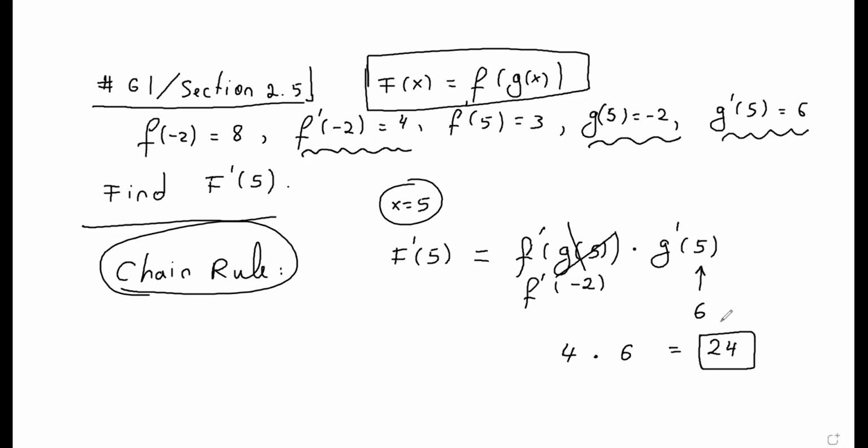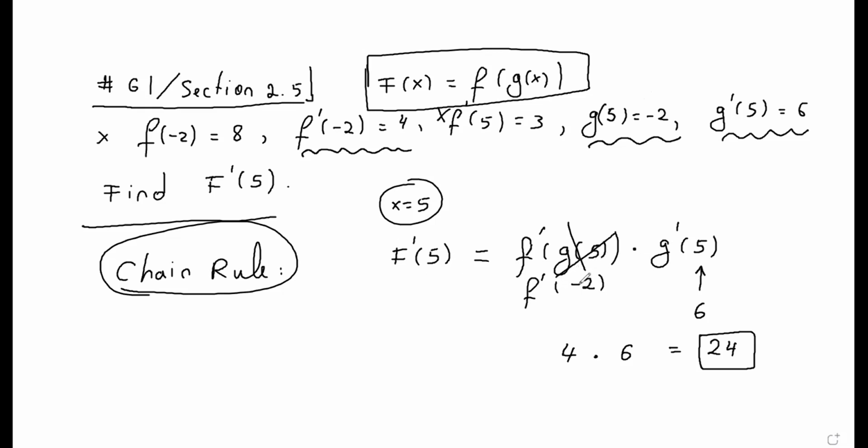So it's that simple. One thing you see in this problem is that f of -2 is not needed, and f prime of 5 is not needed. They just want to trick you, folks. You might think maybe those are needed and I need to apply the chain rule that way. No, they're not needed. All you need is this formula.